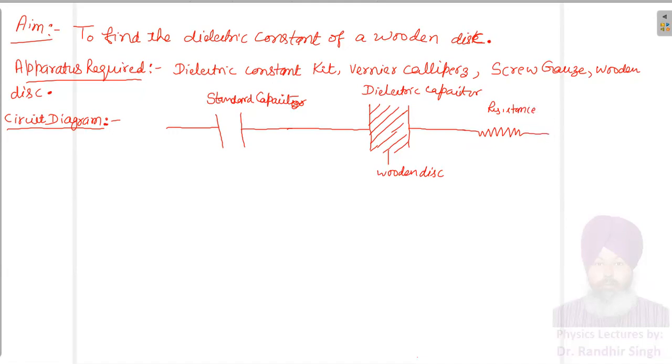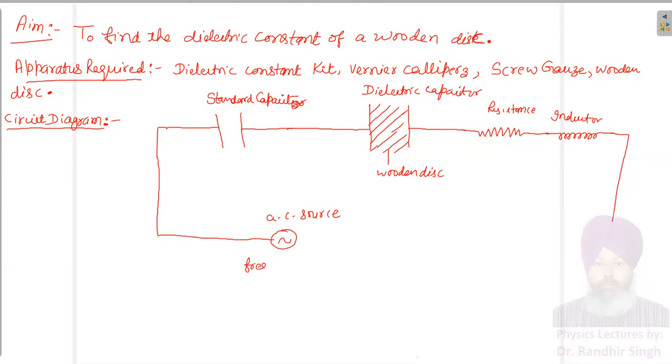Then we have an inductor. Then we have an AC source whose frequency can be adjusted.